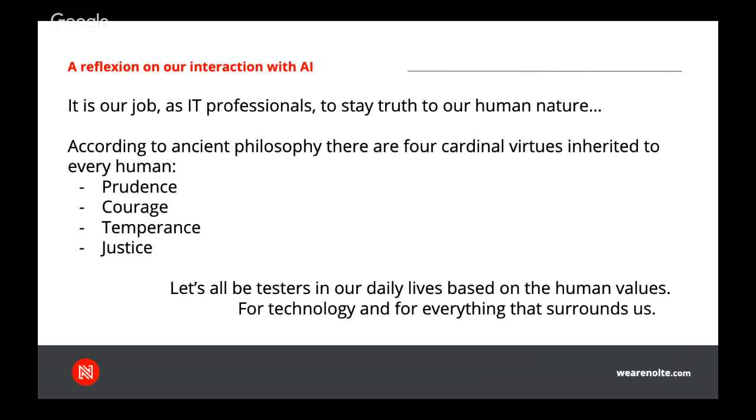According to ancient philosophy, there are four cardinal virtues inherent to every human: prudence, courage, temperance, and justice. So let's all be testers of the machines that we interact with on our daily basis, with the human values that we possess, for technology and for everything that surrounds us.